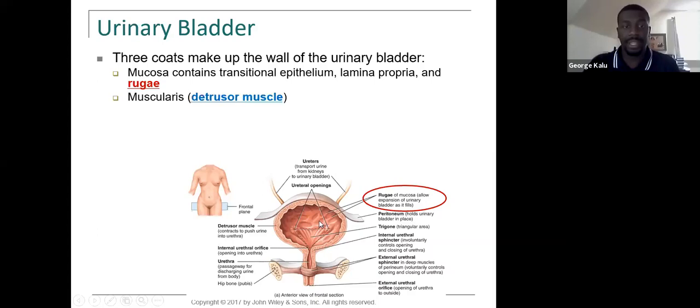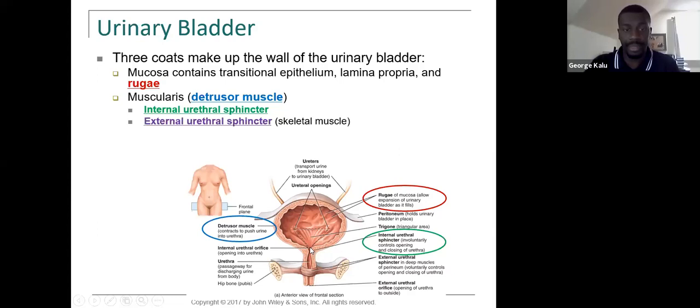Then we have the muscularis, which is also called the detrusor muscle. This muscle is able to contract in order to allow us to pee, and we'll look at that later. Inside the detrusor muscle, we're going to have the internal urethral sphincter, which is involuntarily controlled.